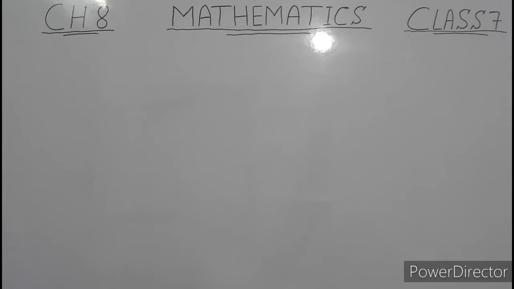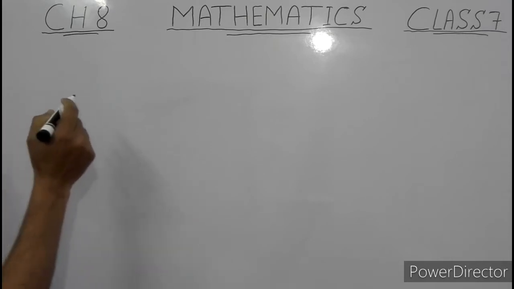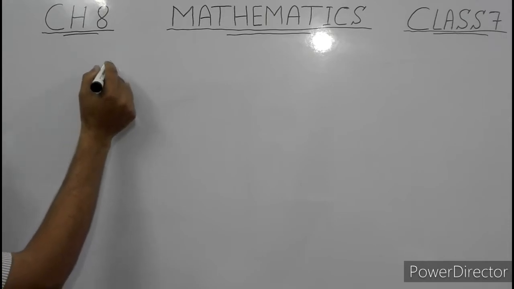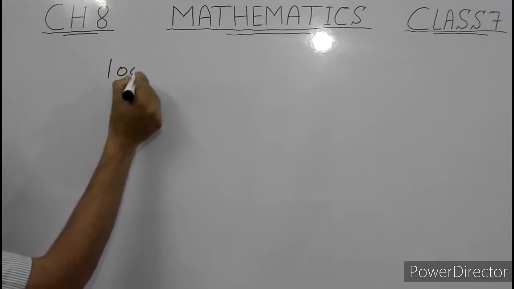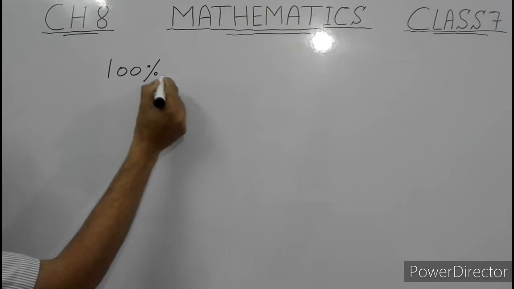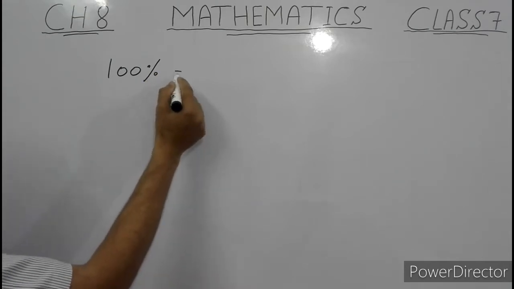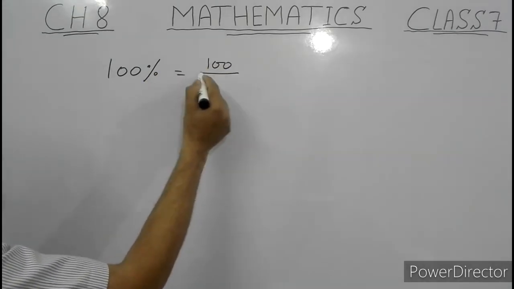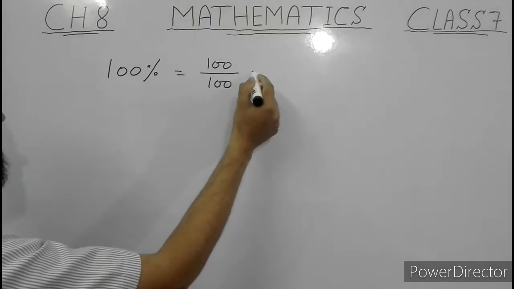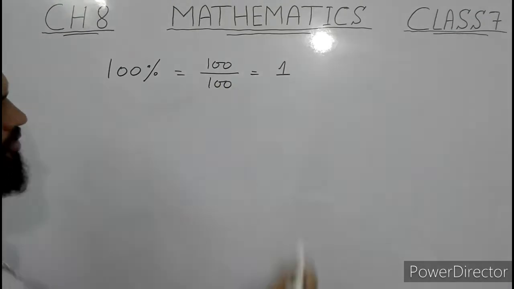Today again I will discuss more problems related with percentage. Before I start exercise 8b, I would like to define an important point. 100% can be written as 100 over 100, and it will become 1.